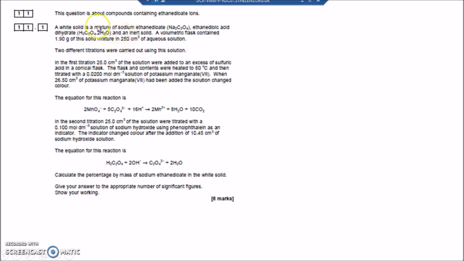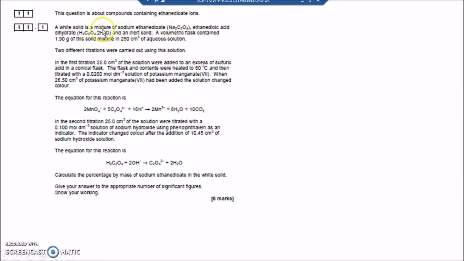as well. So we've got a white solid that's a mixture of sodium ethanedioate, which has got ethanedioate ions in it. You can see C2O4 here, and we've got a reaction involving ethanedioate ions in a minute here, C2O4. So ethanedioate ions are going to be formed from this sodium ethanedioate, and also from ethanedioic acid dihydrate, which is this, which has also got them in.